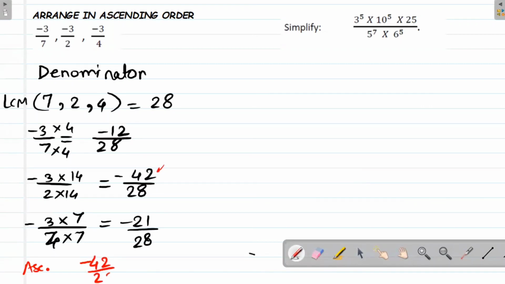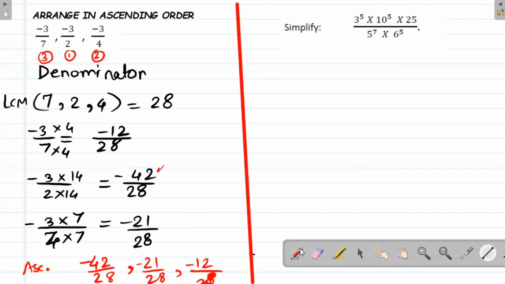So it will be minus 42 upon 28, then minus 21 upon 28, and then minus 12 upon 28. So this is your first number in ascending order, then this is your second number, and this is the last number in the ascending order. Okay, chalo, moving onwards.